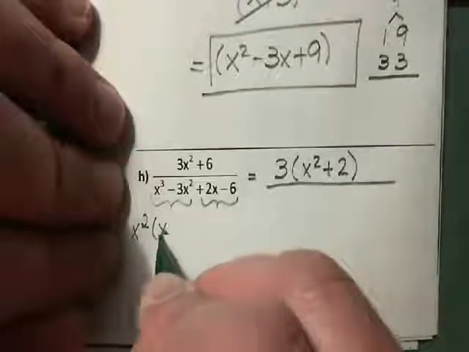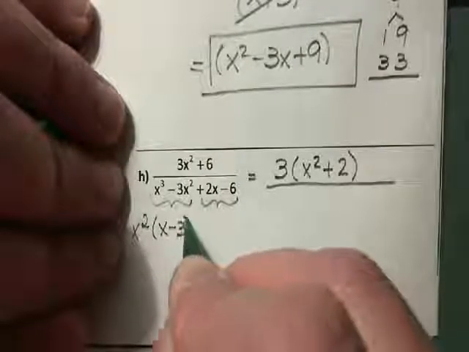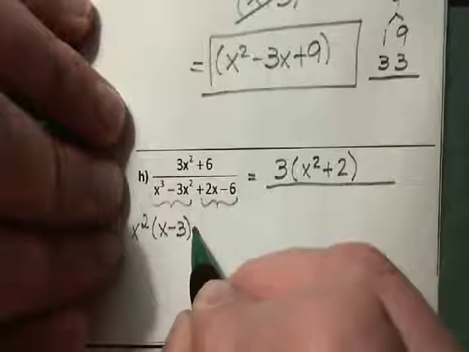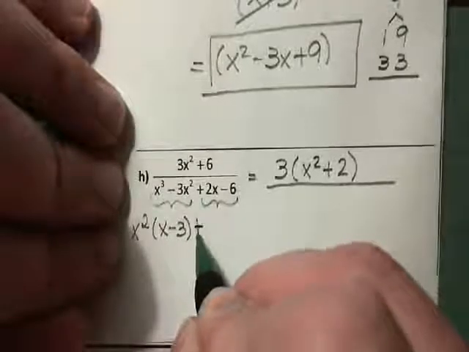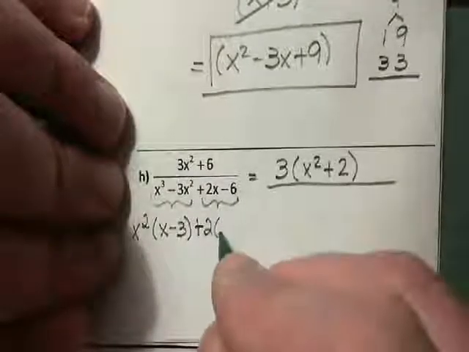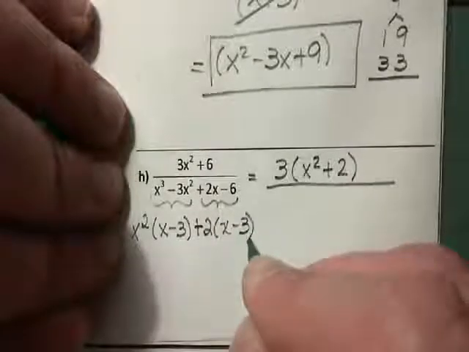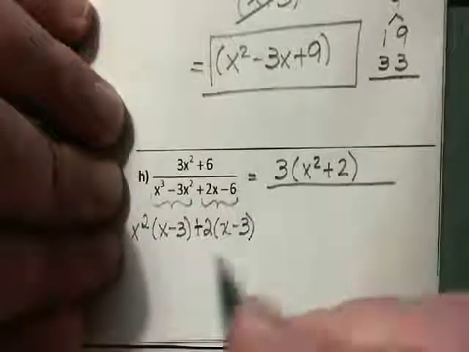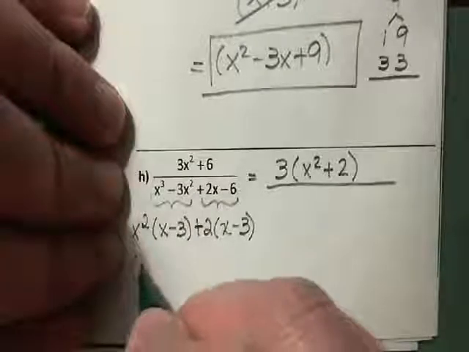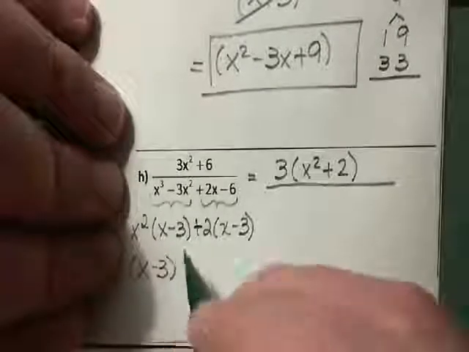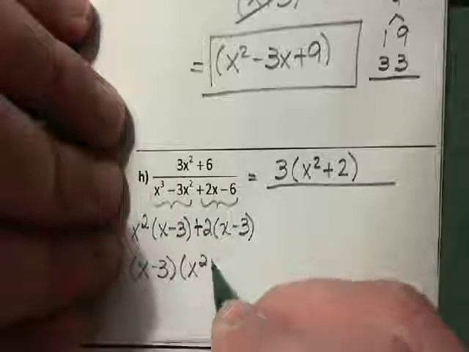So that will give me x minus 3. And on the second one, I can factor out positive 2. So that will give me x minus 3 as well. Okay, now what repeats? x minus 3. And what's left over? x squared plus 2.